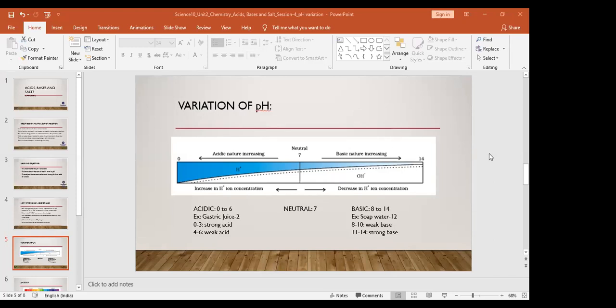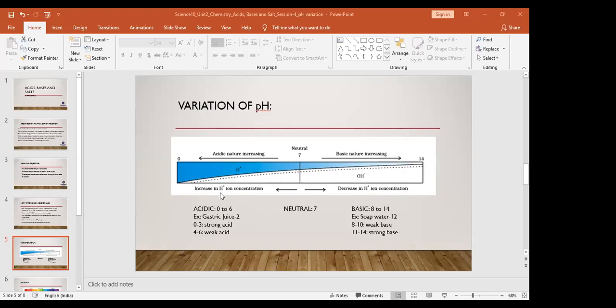H plus ion is getting reduced in which case? In the second case, that is from 7.1 to 14. H plus ion is increasing in which case? The first case, that is 0 to 6.9.